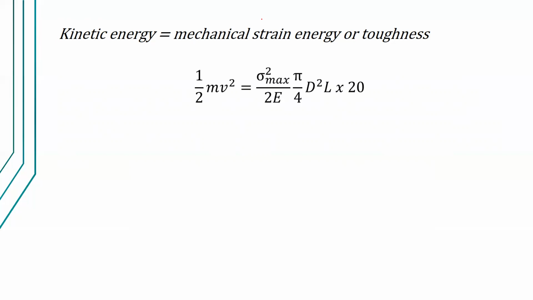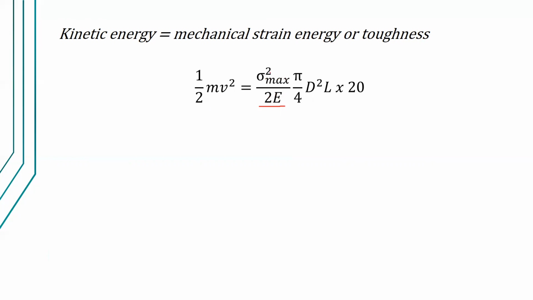So kinetic energy is 1/2 mass times velocity squared. We know that from your general physics. Well, the mechanical strain energy is approximately sigma max squared over 2E. So yun yung toughness approximately if we assume that the behavior is Hookean.